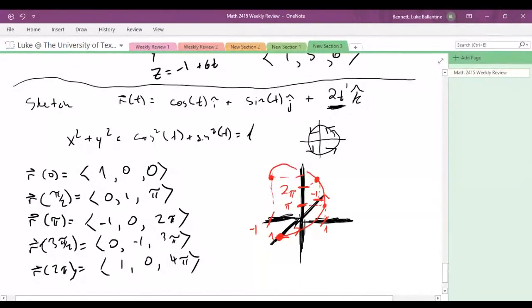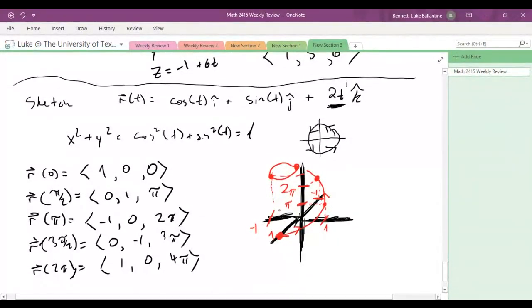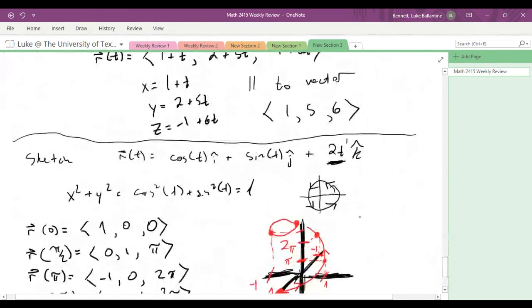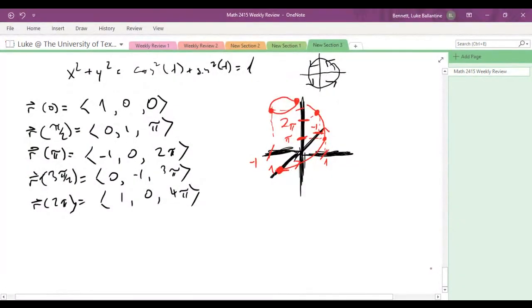And then finally back up. The helix would live on a cylinder. So you could draw a cylinder, and then the helix would be like the spiral up this cylinder. And the 2 just gives it more rise. You could have a 4, you could have a 1, you could have a 1/2. Squish it if you want.